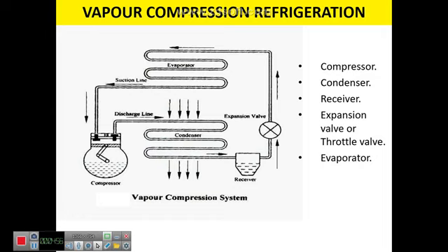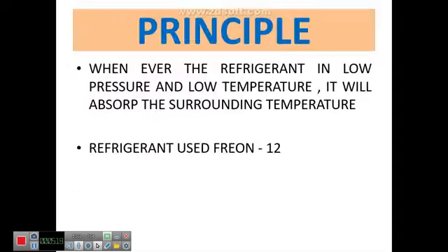The output of the evaporator is medium temperature and medium pressure refrigerant. That is once again sucked in by the compressor, and the output is as usual high pressure and high temperature. Likewise the cycle goes on repeating.